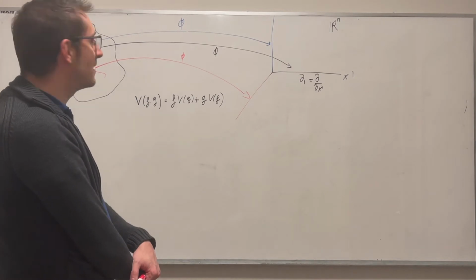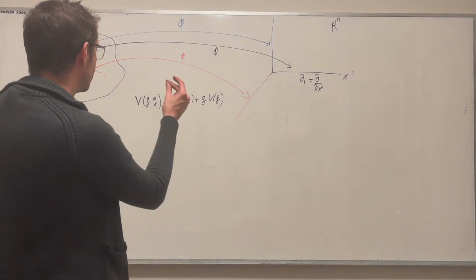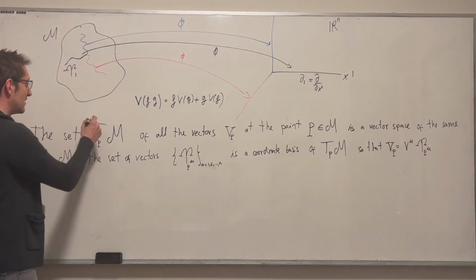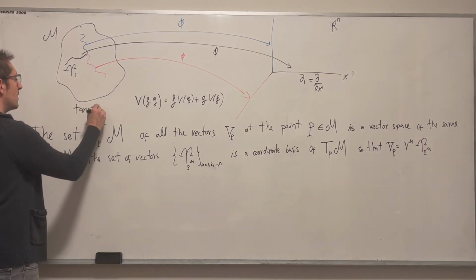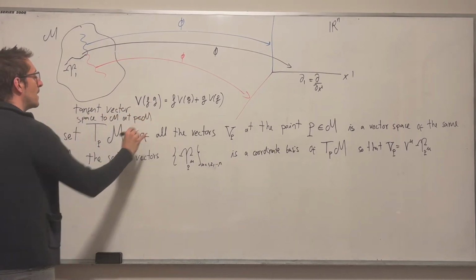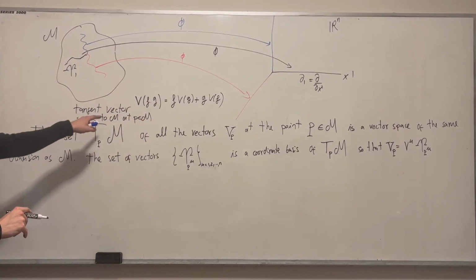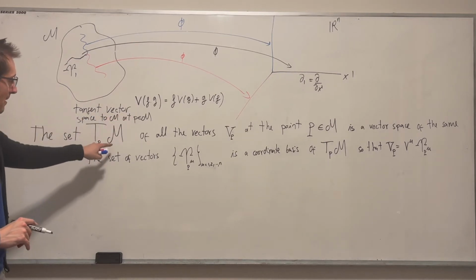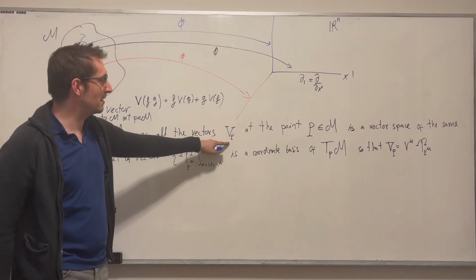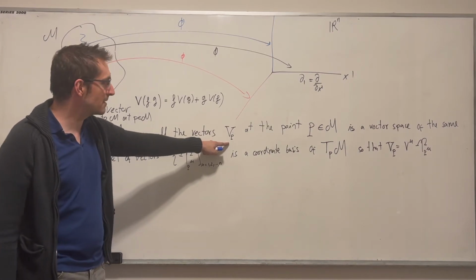All right, let me define the notion of tangent vector space. We define the tangent vector space, which I notate TPM, the tangent vector space to M at the point P of M, as the set of all the vectors Vp. P notates the point of the manifold at which I'm defining this tangent vector space.